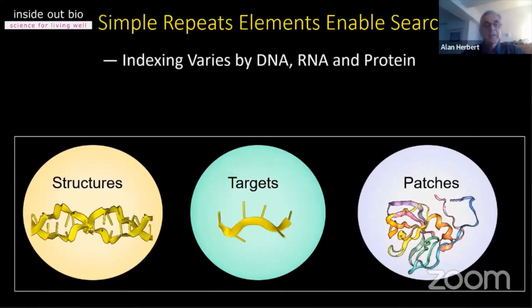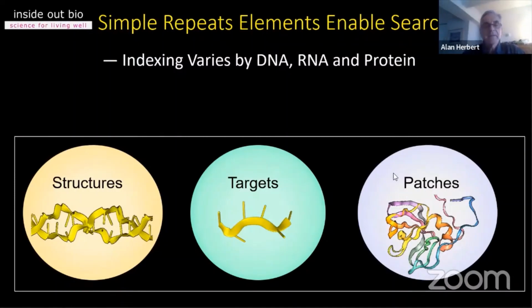So each of these different types of outcomes from simple sequence repeats allow search. So you can search by structure, you can search by target, and you can search using these peptide patches on proteins.